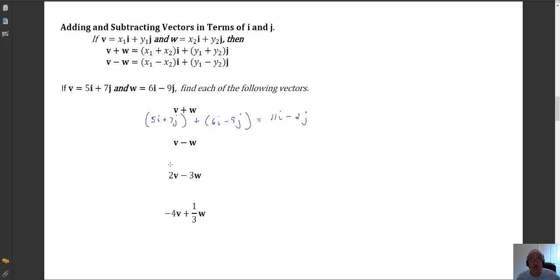All right, now I'll show you why I put parentheses on them in this second example. Let's say they say v minus w. So we'll just take the same vectors here, 5i + 7j, and we'll subtract the 6i - 9j. Now, a lot of students will miss this. They won't distribute that negative sign through there to get minus 6i.